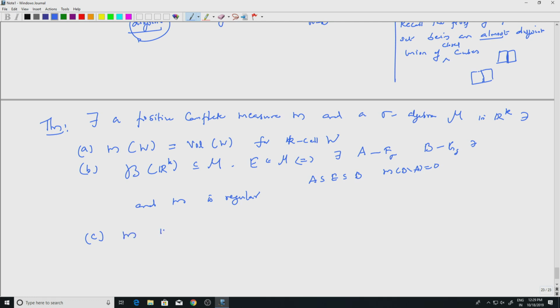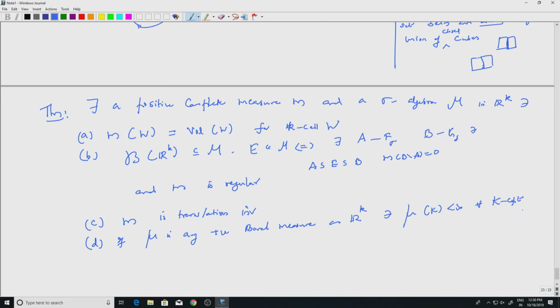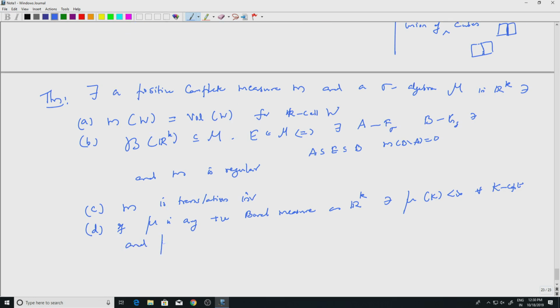Okay. m is translation invariant. We know this, but more importantly, if mu is any positive Borel measure on Rk such that mu of K is finite for every compact set K and mu is translation invariant, then mu equals some alpha times m, it is a multiple of m.